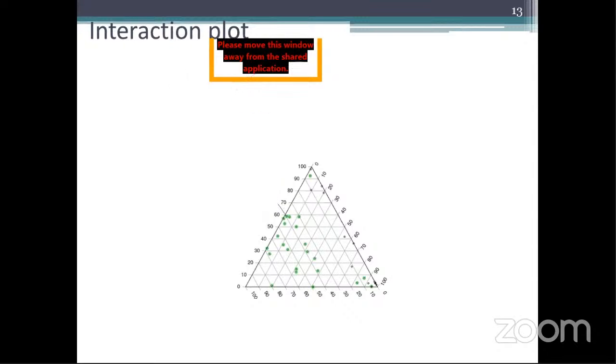Nilesh, can you move the chat window from over the presentation? I think it is... Sorry, just a second. Nilesh, what happened?